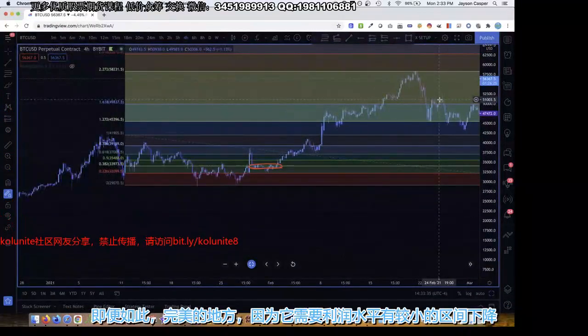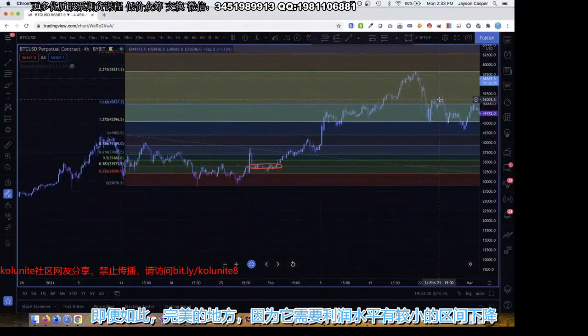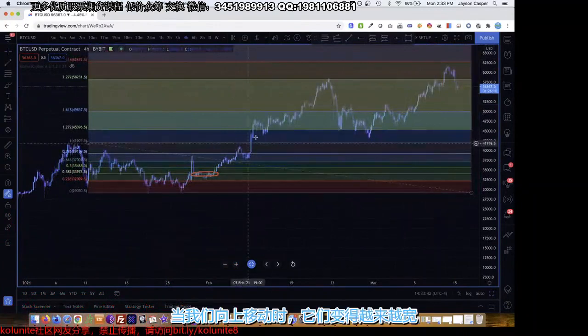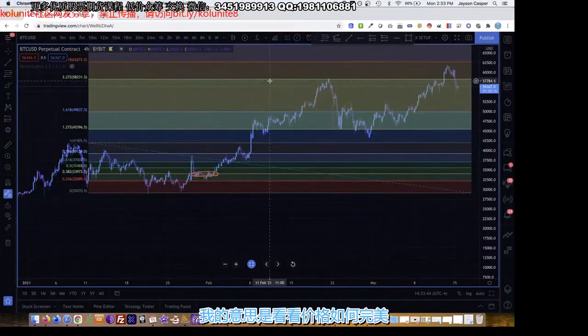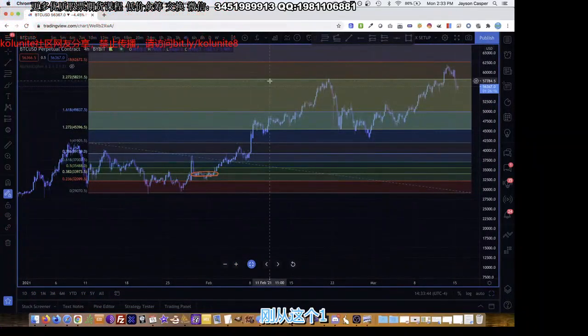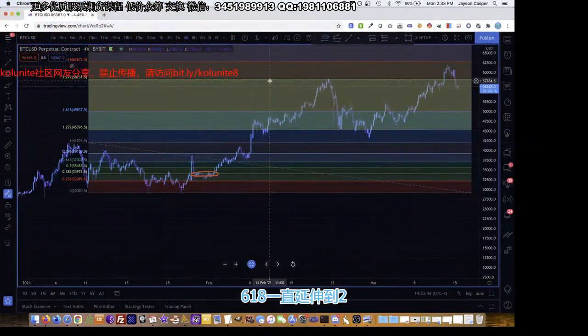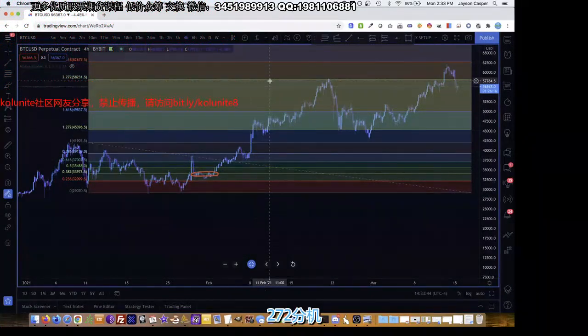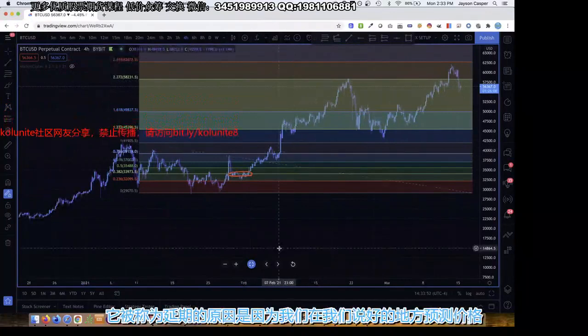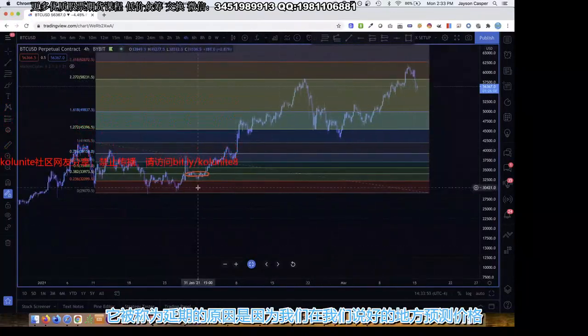It's even so perfect where, because the take profit levels have smaller intervals down low and become wider and wider as we move up, look at how price perfectly just went from this 1.618 extension all the way up to the 2.272 extension. The reason it's called an extension is because we're projecting price forward.